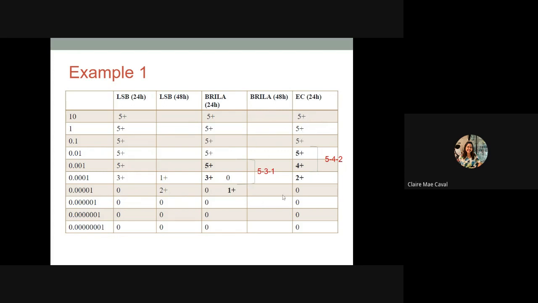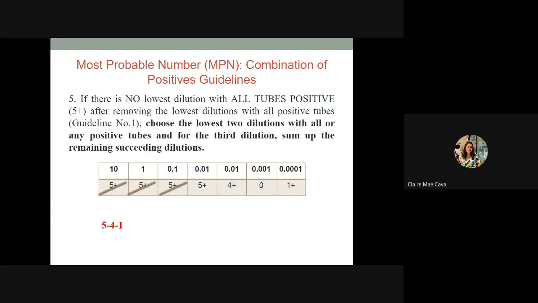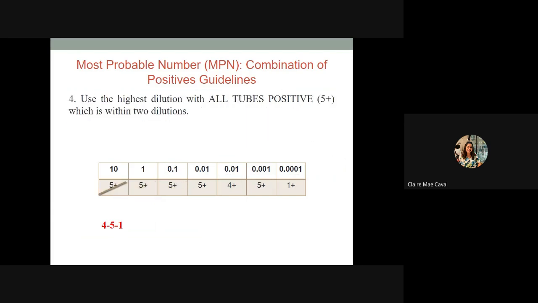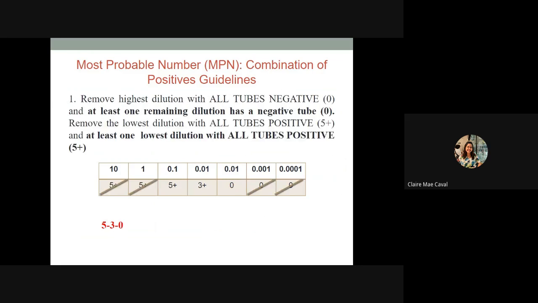So let's get the last three positive dilutions. Here, the last three positives are these three dilutions. That's 5, 3, 1. Okay? For EC broth, the last three dilutions are 5, 4, 2, the last ones that turned positive. Then we go back to the table. It's so far. Wait for a while. 5, 3, 1, and 5, 4, 2.